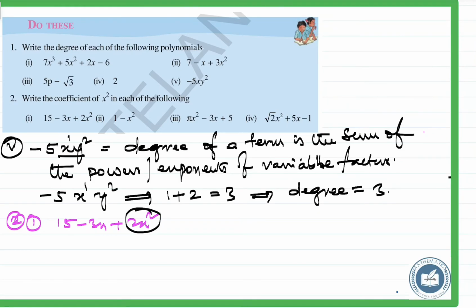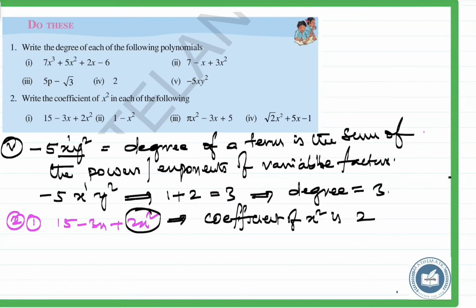The product of the constant and the variable term together is called a term, and it is part of the algebraic expression. The constant just before that variable is called the coefficient. So the coefficient of x square is 2.